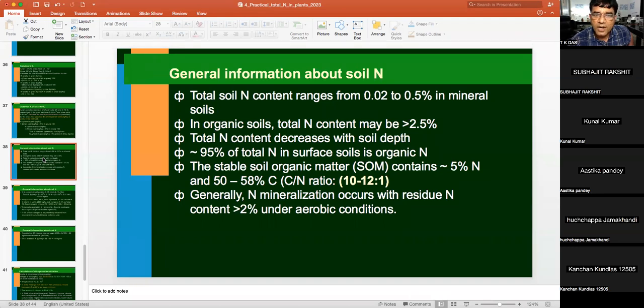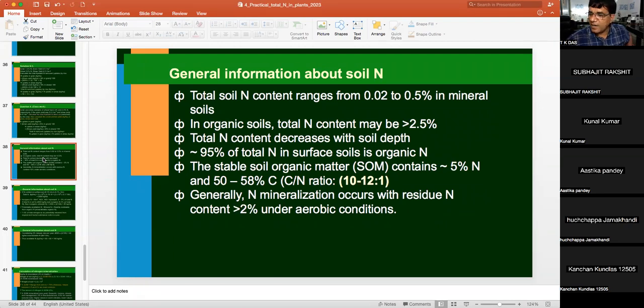Total soil nitrogen content ranges from 0.02 to 0.5% in general in mineral soils. You can correct yourself. The total nitrogen content ranges from 0.02 to 0.5% in mineral soils. In organic soils, total nitrogen content may be more than 2.5%.